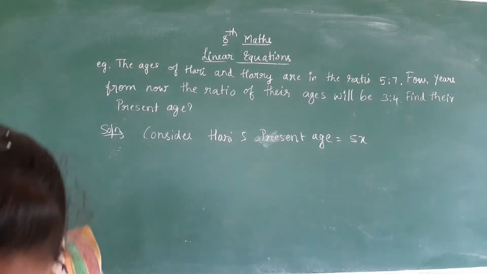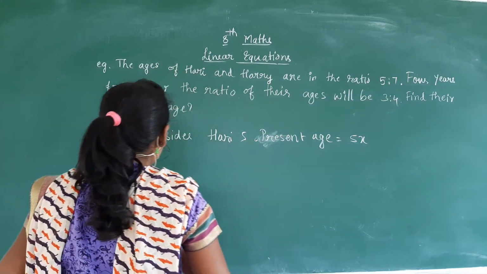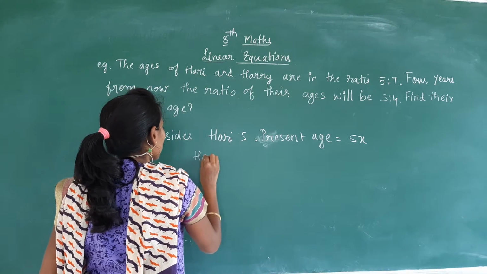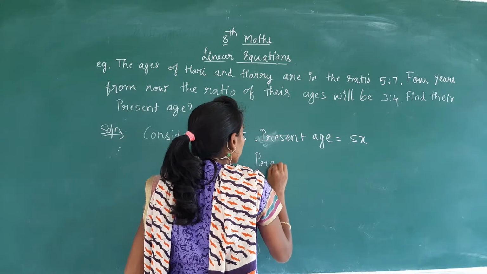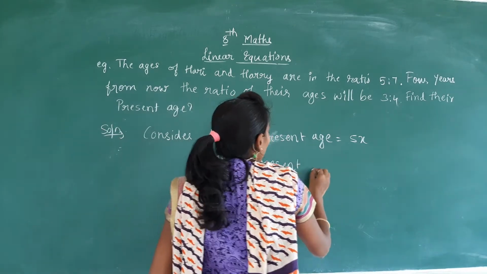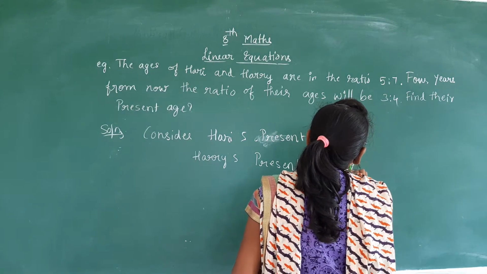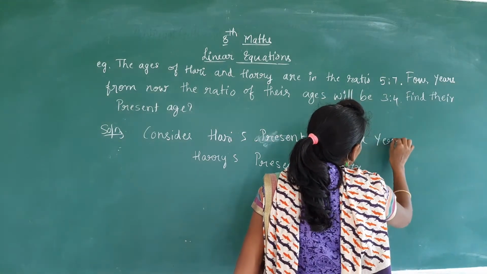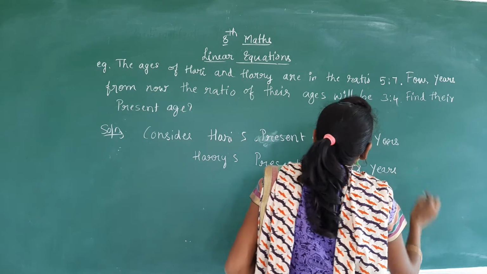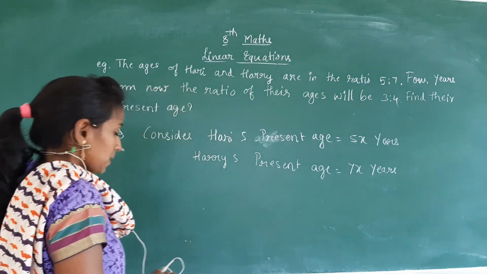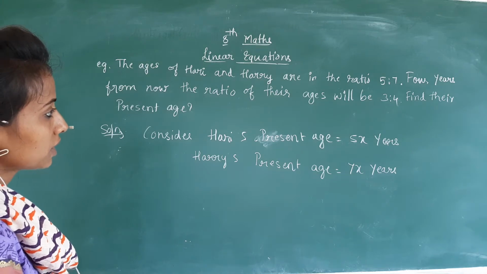And Harry's present age is equal to 7x years. See, consider Hari's present age is 5x years and Harry's present age is 7x years.